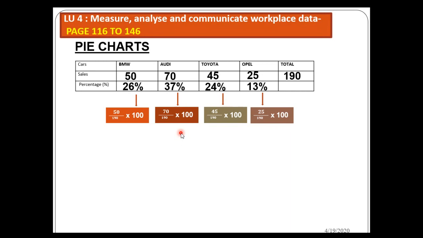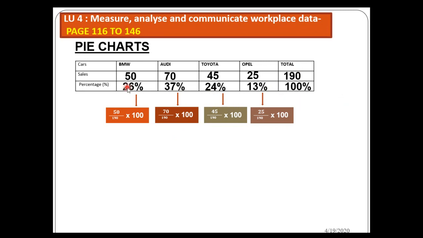I get 13%. So when you add all these percentages, they must add up to 100%. Even if you don't want to add 26% plus 37% plus 24% plus 13%, you can also say 190 divided by 190 multiplied by 100.